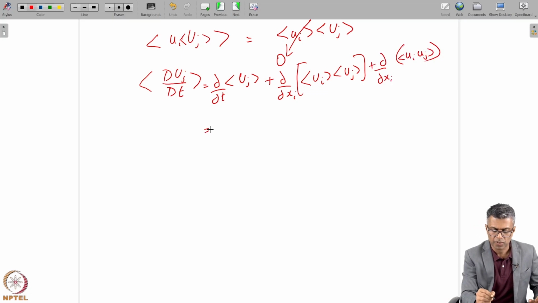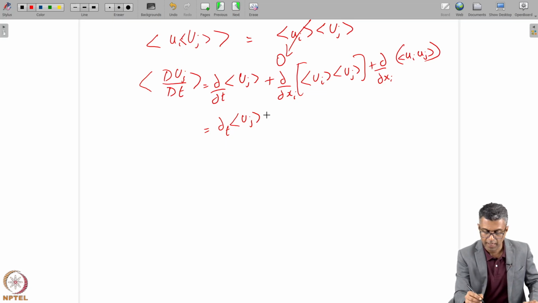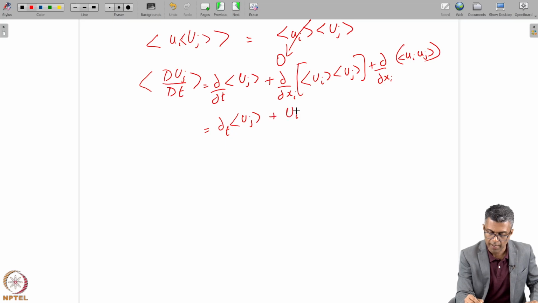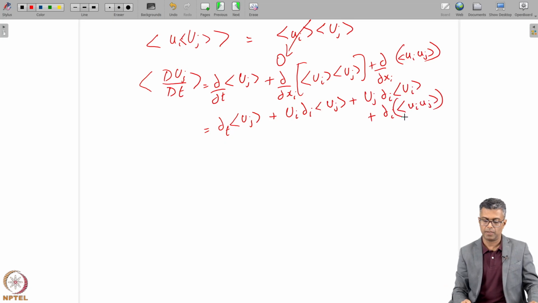So I'm going to simplify my notation and just write del t of uj as del t uj. You understand that it is a time derivative. And then what I'll end up having here is ui del i uj plus uj del i ui plus del i of the Reynolds stresses, ui uj, isn't it?